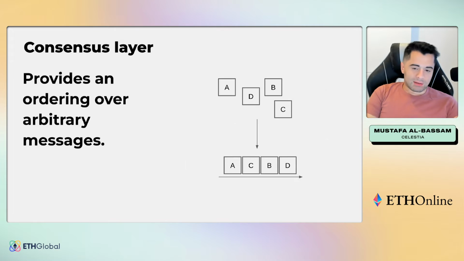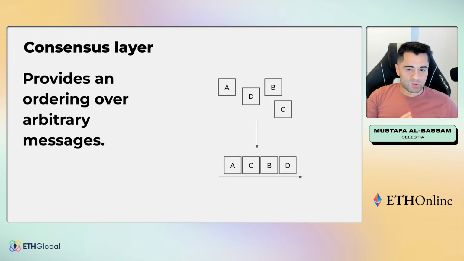And I'm going to decompose what the different layers of the modular stack are to discuss a little bit about the theory of modular blockchains. So, as I mentioned, first of all, you have the consensus layer. What the consensus layer does in a nutshell is it takes in some arbitrary messages that a developer has provided and it orders them.